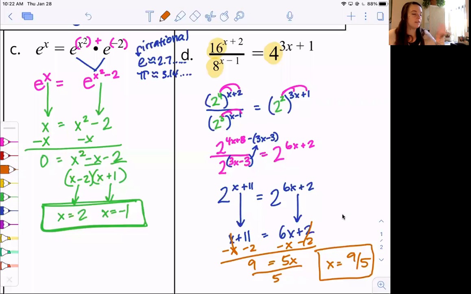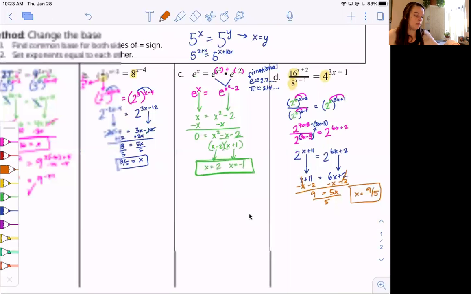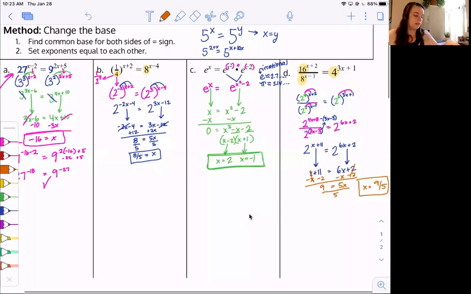Okay, before I move on, are there any questions? And tell me, how are you feeling? We've seen now 4 examples of this type of problem. Are you ready to practice?